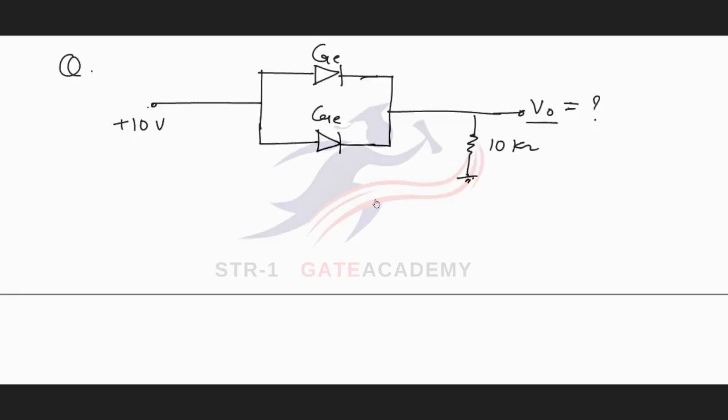From the supply voltage, it is clearly seen that both the germanium diodes will be forward biased, and we can replace both the diodes with their equivalent circuits, that is 0.2 volts.